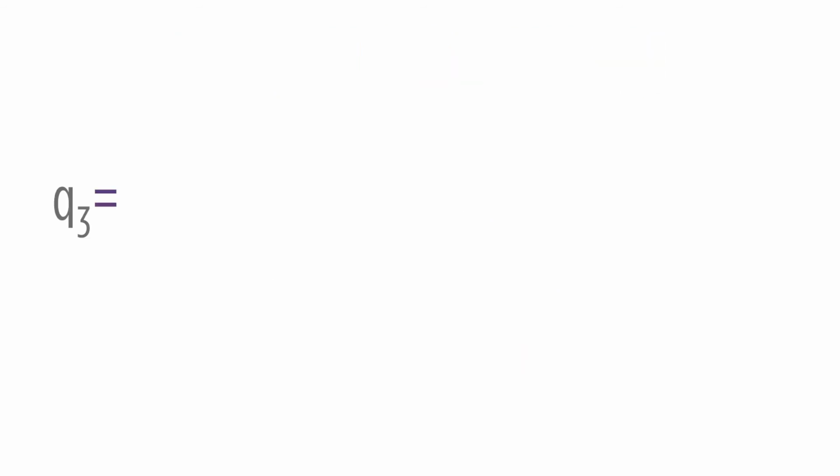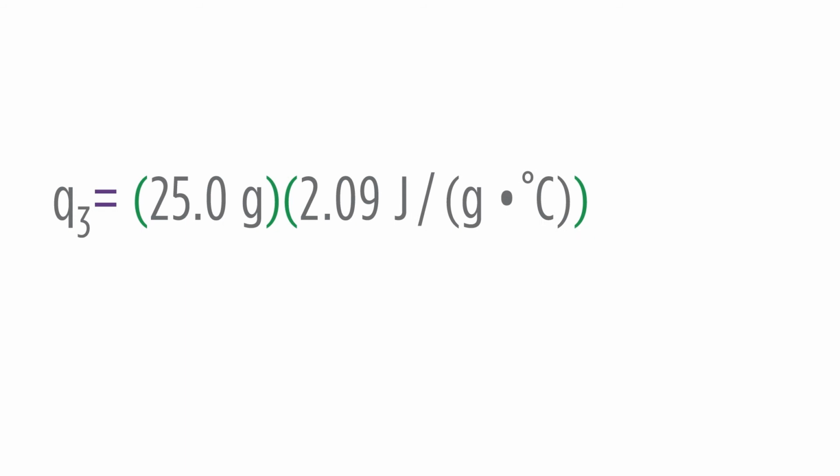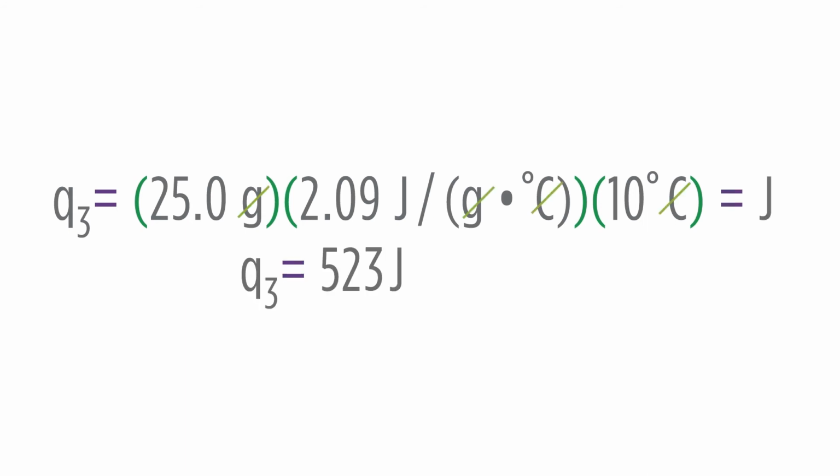Plug that into our formula, Q equals 25.0 grams multiplied by 2.09 joules per gram degrees Celsius times 10 degrees. Grams and degrees Celsius cancel, giving us joules, so Q equals 523 joules, or 0.523 kilojoules.